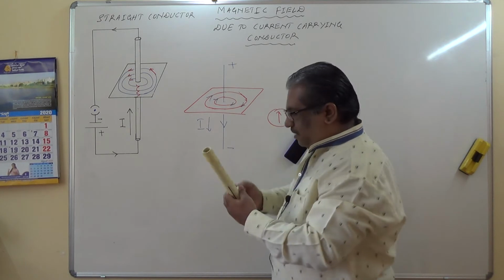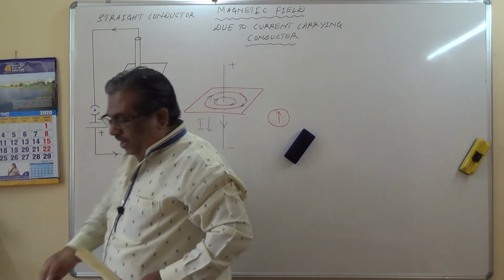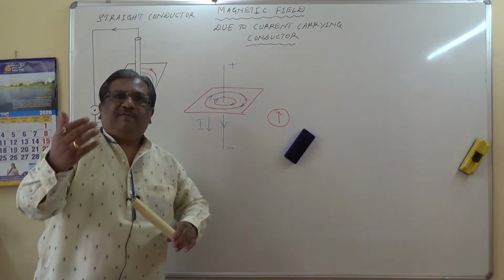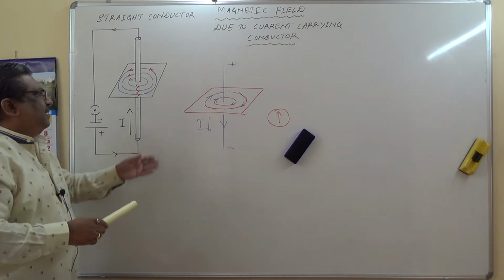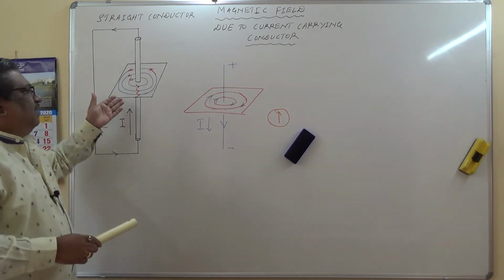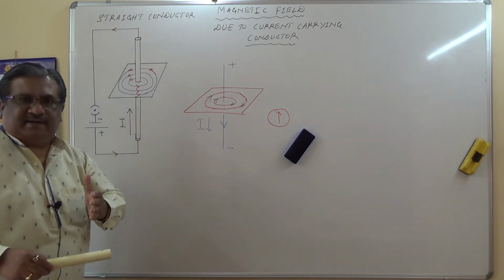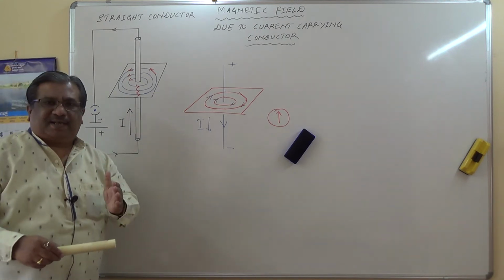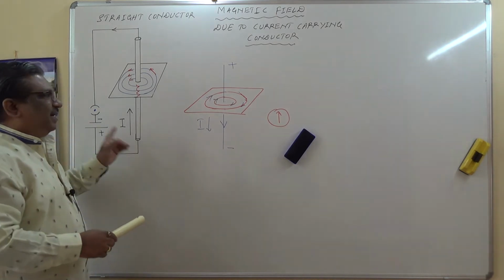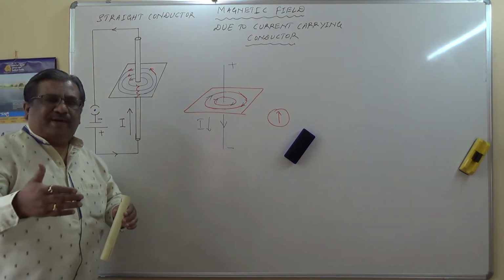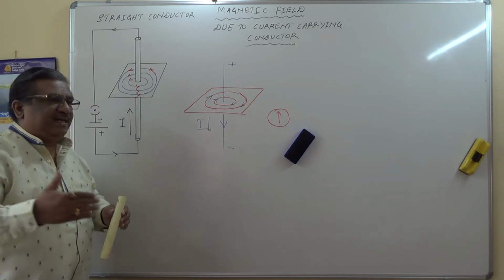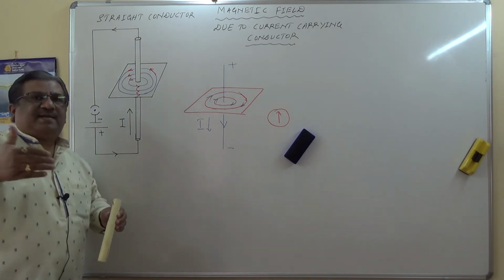Therefore, one way of finding the direction of the magnetic field lines is by means of the magnetic compass. The direction of the pointer of the magnetic compass gives you the direction of the magnetic field lines, and the other way to find out the direction of magnetic field lines is by means of the right hand thumb rule.